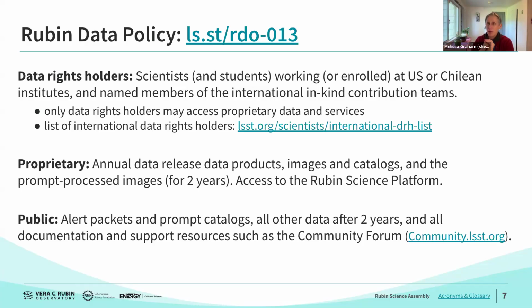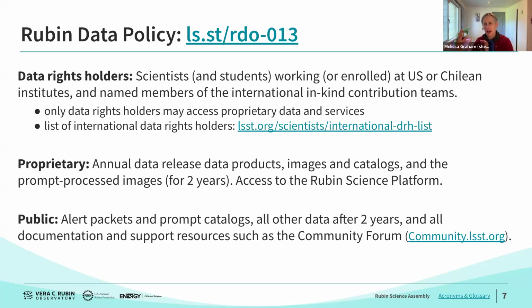So for proprietary and public data, the proprietary data is the annual data release data products, all the images and catalogs, and the prompt processed images. Over the course of this week, you will come to understand what annual data release and prompt mean. All of those data have a proprietary period of 2 years. Access to the Rubin Science Platform is also proprietary and for data rights holders only.